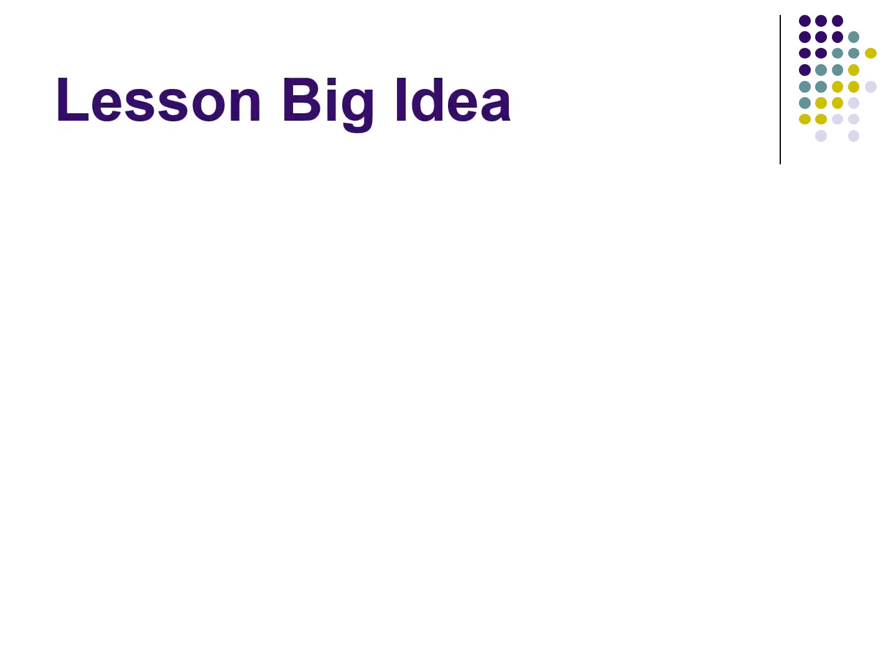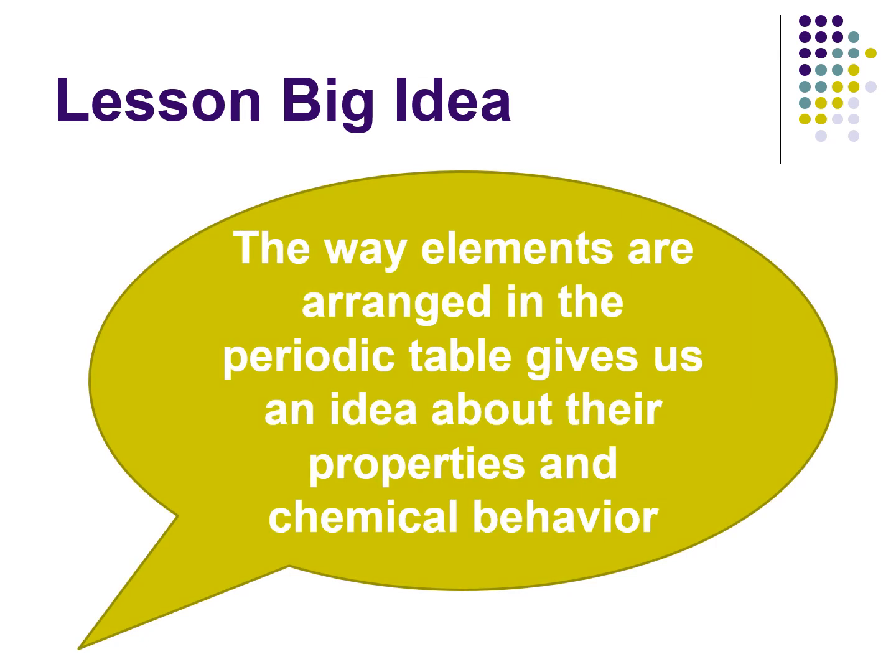So let's move on now with our big idea, the general idea of our lesson for today. The big idea is that the way elements are arranged in the periodic table gives us an idea about their properties and chemical behavior. What does this mean, class? It is not a coincidence. The arrangement of elements in the periodic table is not random.